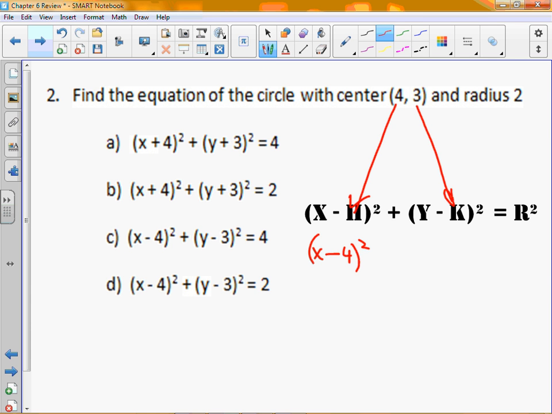No, I didn't plug in a negative. I plugged in a positive 4. Because the formula is subtracting, plugging in a positive 4 makes it minus 4 down here. Plus y minus 3 squared equals r squared. The radius is 2. The r is 2. If the r is 2, then the radius squared is 4.